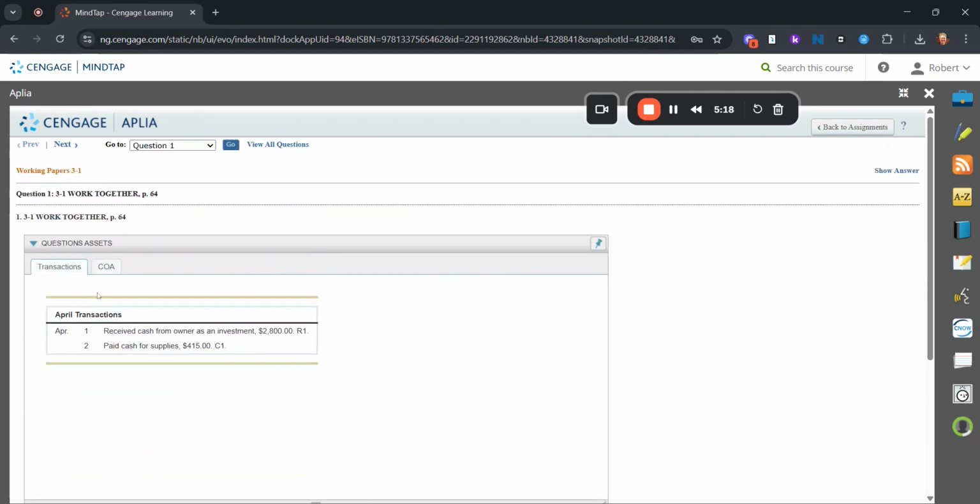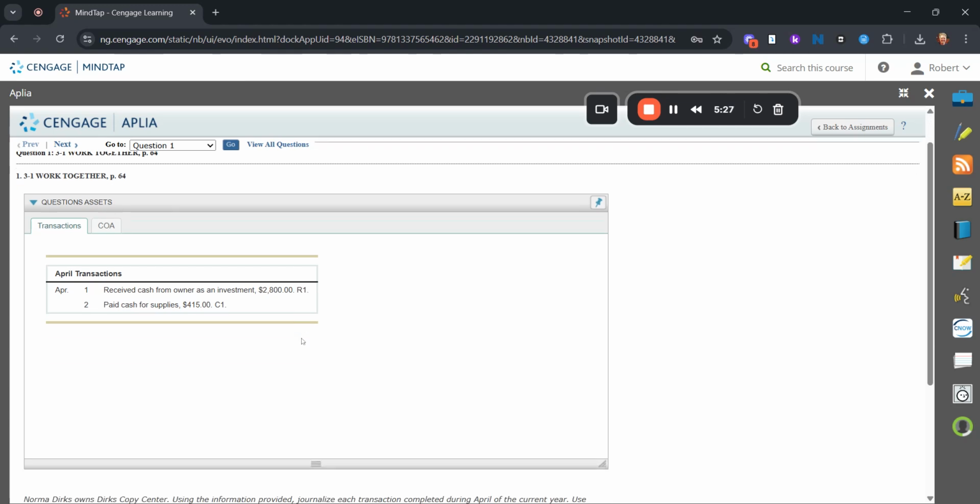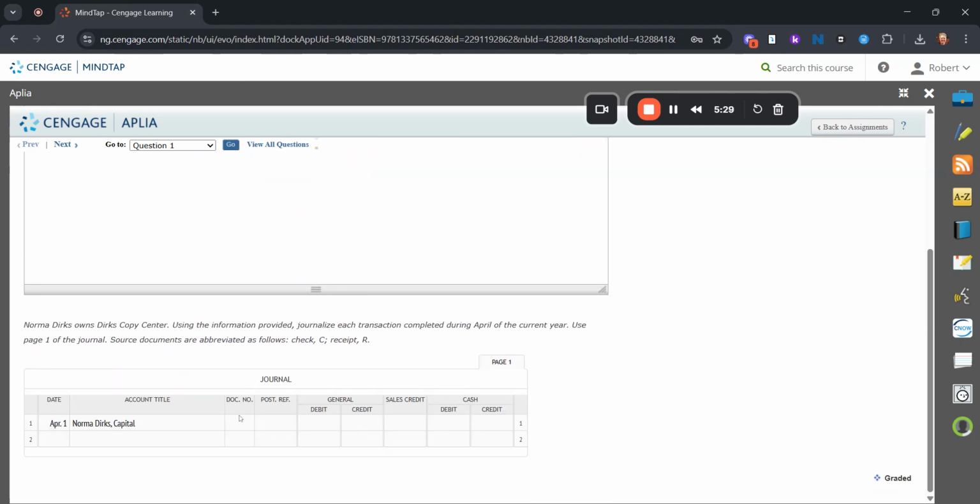So now we're going to go back to the transaction. Receipt 1 is the source document, so our document number we'll put in here, R1.